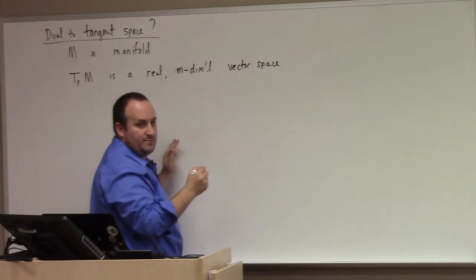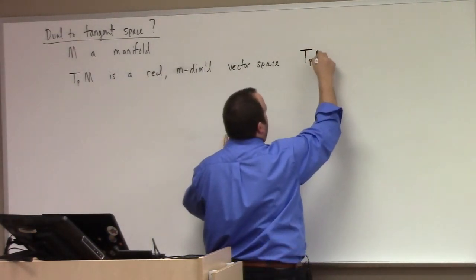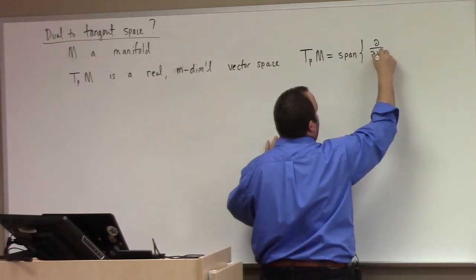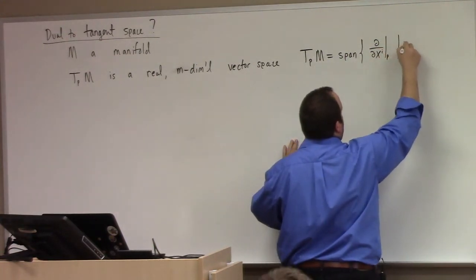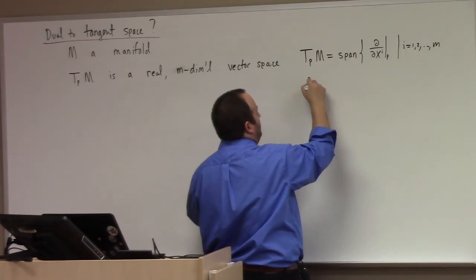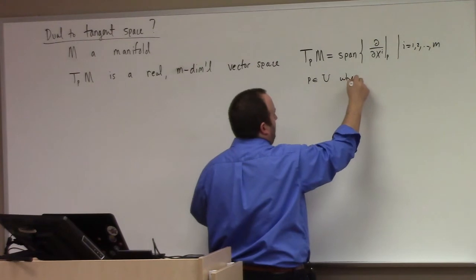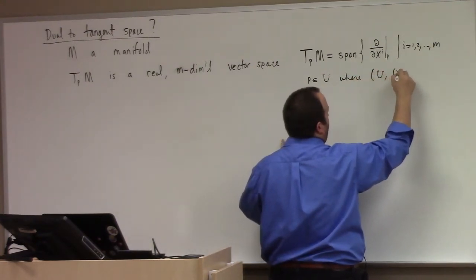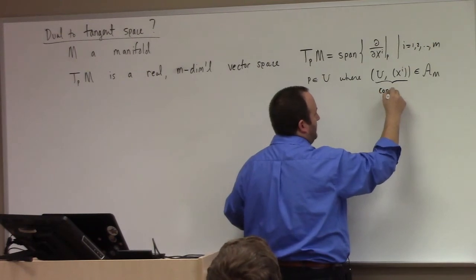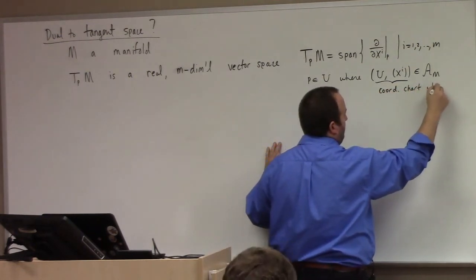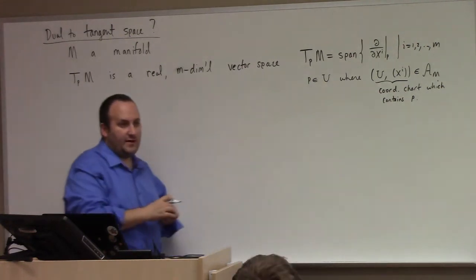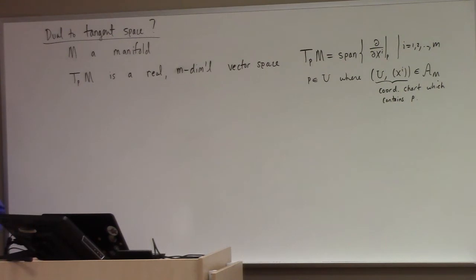And we learned that the tangent space to M at P is the span of partial x^i at P, for i equals 1 to m. Here P is an element of U, where (U, x^i) is an element of the atlas of M. In other words, this is a coordinate chart which contains P. You find coordinates near P, and you can calculate partial x^1 through partial x^m.